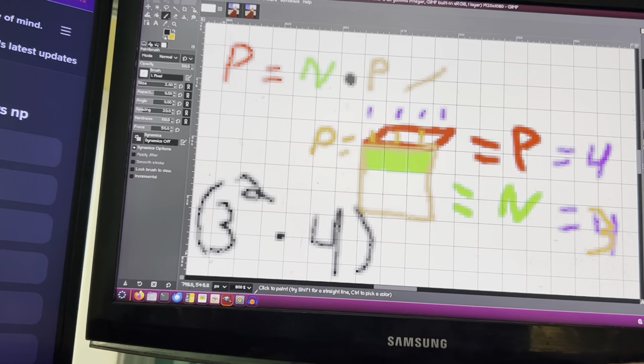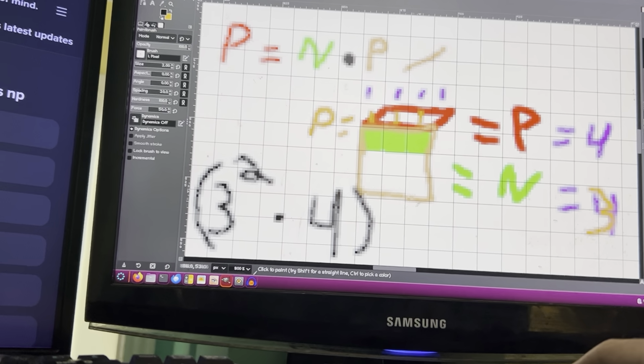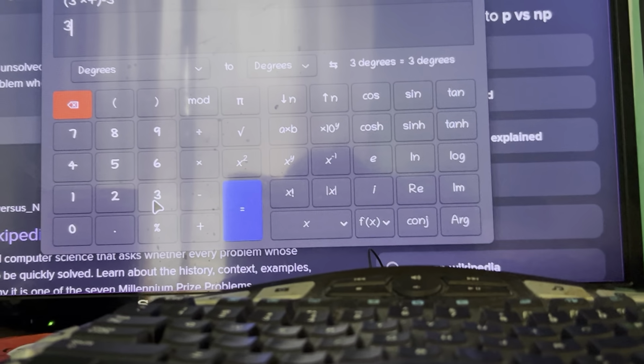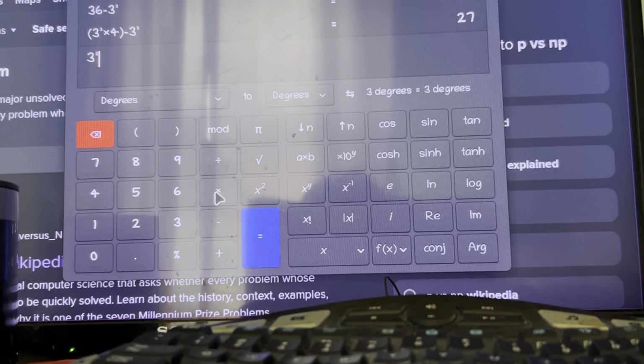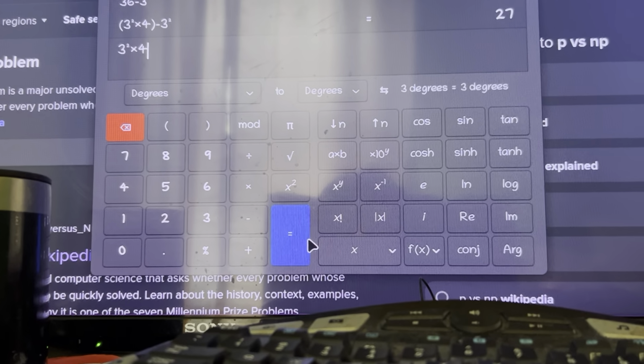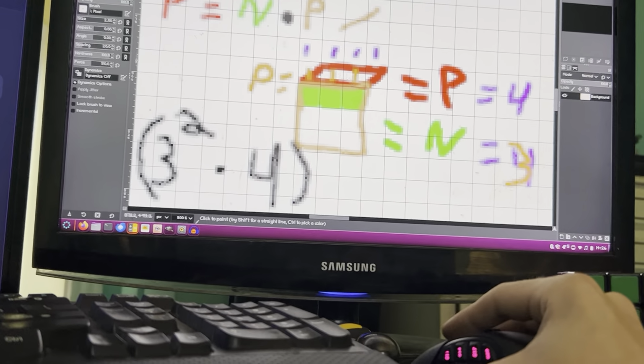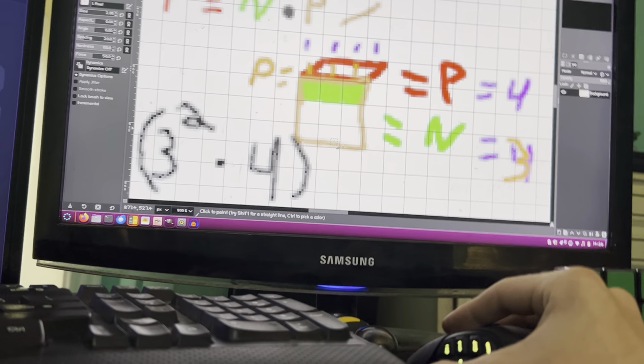What does this give us? This gives us an absolute cube, right? Like if I take out this calculator, just so you know I ain't that stupid, 3 squared times 4 is 36. 36 is the number of points and corners on a cube.